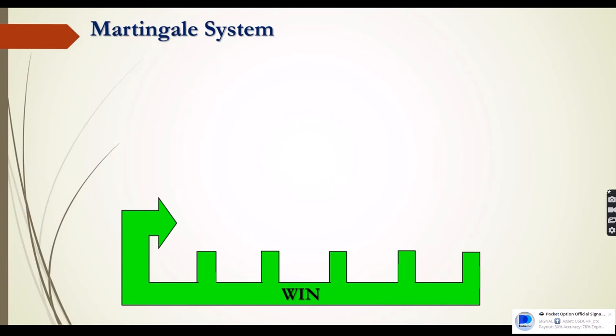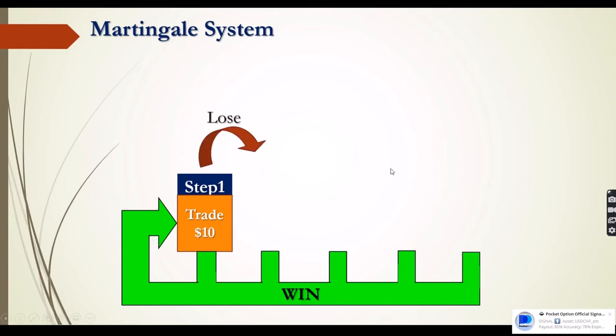So the first thing I need you to know is the first trade, put as a base example, that I'll be entering at $10. If you win the trade, you go back to $10. If you lose the trade, you will go to step 2, which is $25.